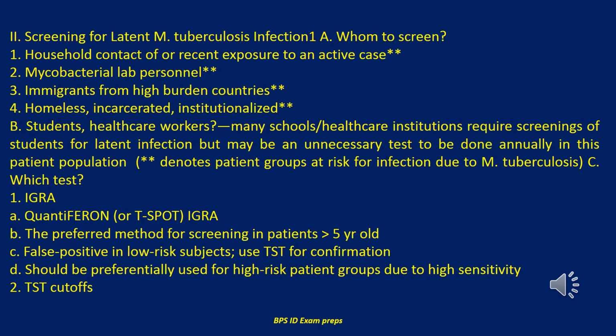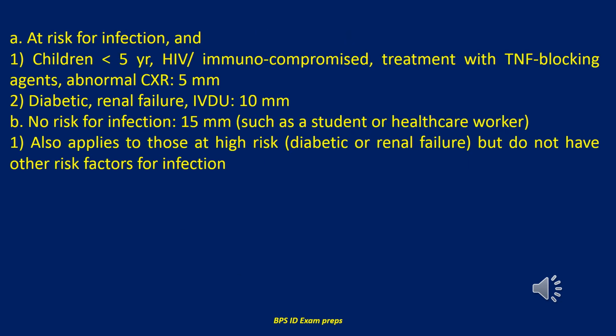2. TST cutoffs. Let's now consider TST cutoffs for patients who are at risk for infection. They include: 1. Children less than 5 years with HIV or those who are immunocompromised, those receiving treatment with TNF-blocking agents, those with abnormal chest X-ray: 5 mm in size. 2.